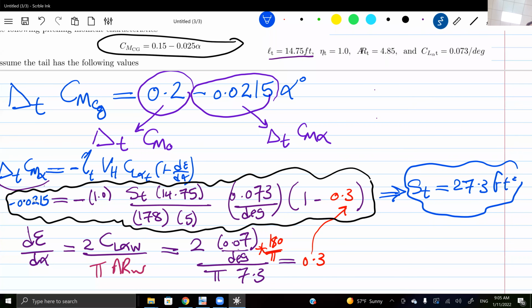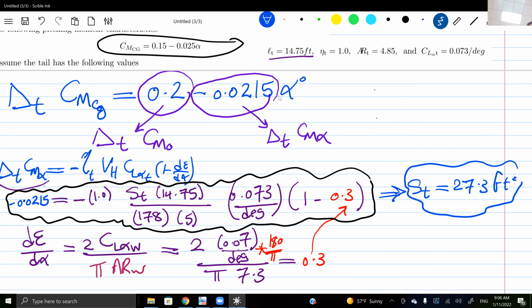The left-hand side is CM alpha. Does it have a unit? Any suggestions, folks? Can you think about it again? So CM alpha is CM over alpha, right? CM doesn't have a unit, but alpha has a unit, which is radians or degrees. So CM alpha always has a unit, which is per radian or per degree.